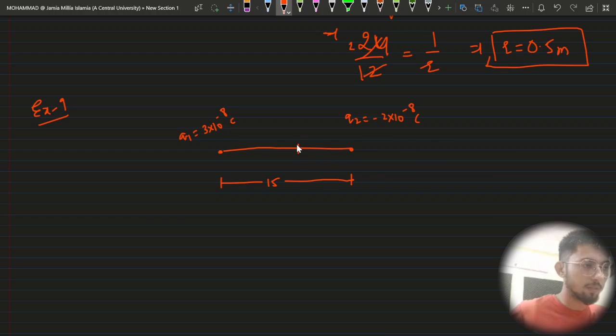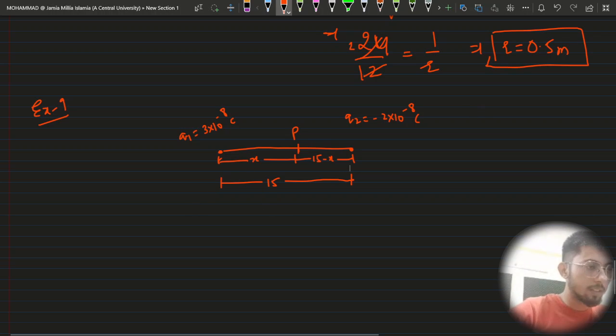We will take it as a distance of x from one of the charges, and the rest will then be 15 minus x, because the whole length is 15. We need to find this distance x where the potential will be 0.